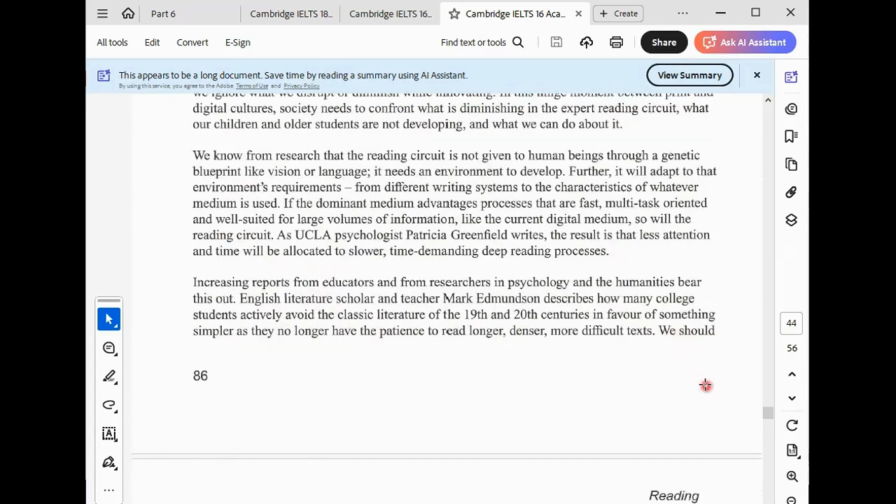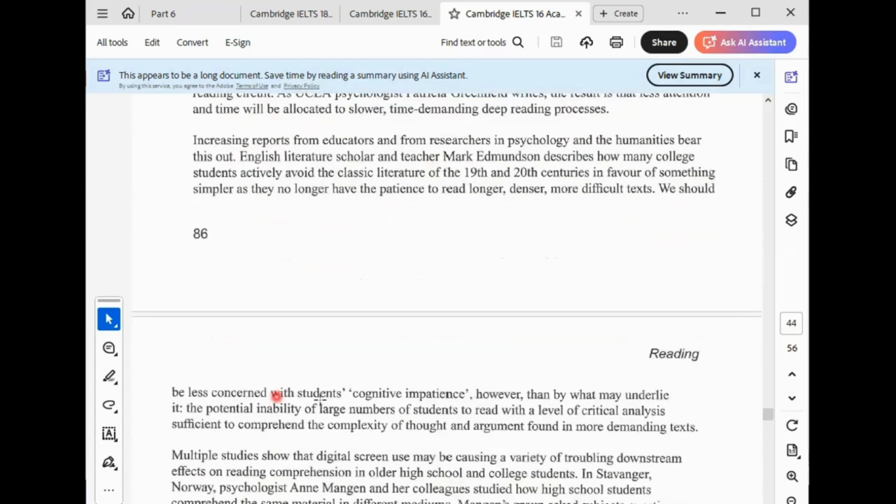We should be less concerned with students' cognitive impatience, however, than by what may underlie it. What's the meaning of cognitive impatience? They are no longer patient to read longer, denser, difficult text.